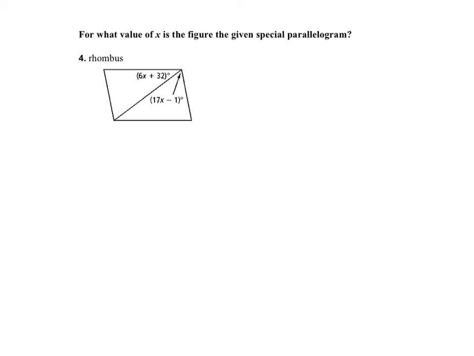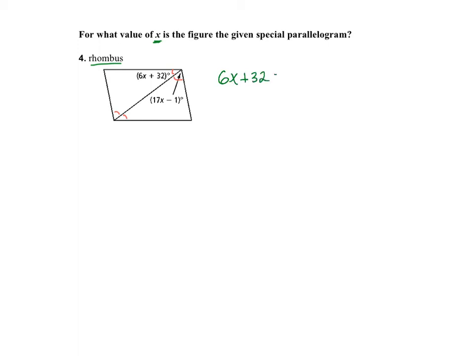Then I want to find the value of x in the figure, given a special parallelogram. So in this case, I want to find what x is if this figure is a rhombus, right? As we know, each diagonal bisects a pair of opposite angles. So because this is a bisector, those two angles are congruent, so their measure has to be the same.